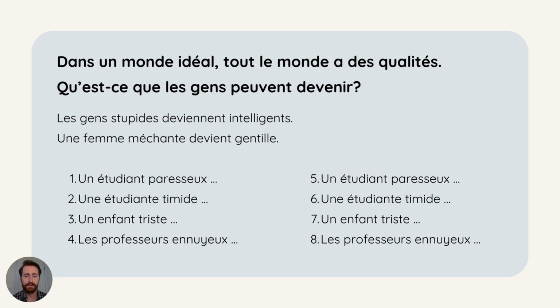Une étudiante timide devient personnable. So a shy student becomes personable. So again, these are up to you. I'm not going to take too much time, but this is just to practice using the verb devenir.